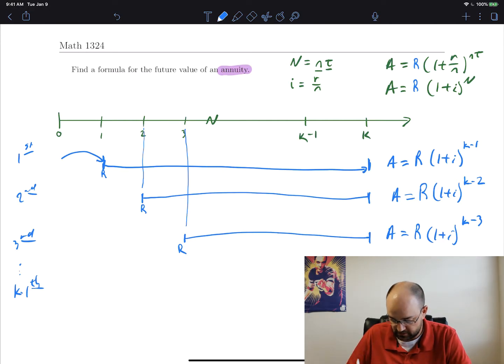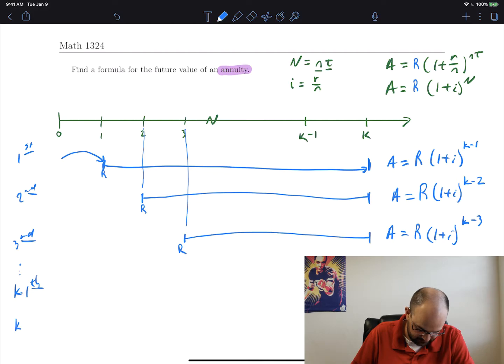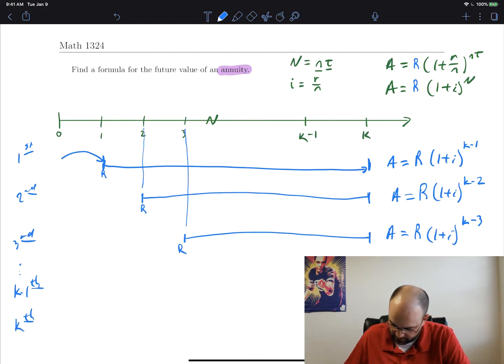No, just sorry, to the first power. Yeah, it's to the first power because we have one payment here, or one period here to earn interest. Then for the Kth, here's the reason that it works. It's the K minus the K minus 1 here.